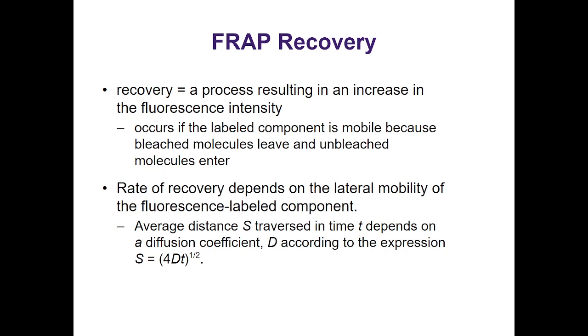FRAP recovery. The recovery equals a process resulting in an increase in the fluorescence intensity. It's going to occur if the labeled component is mobile because the bleached molecules will leave and unbleached molecules will enter. The rate of recovery is going to depend on the lateral mobility of the fluorescence labeled component.